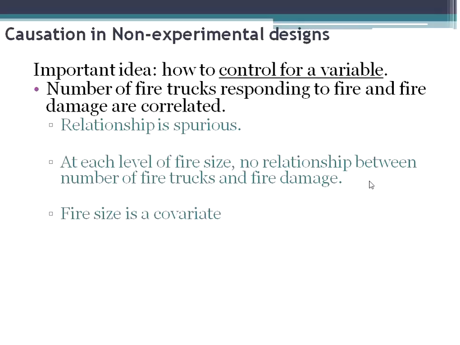The size of the fire is our third variable. It causes the damage to the structure and also causes more fire trucks to show up, right? Because you need more fire trucks when you have a bigger fire, which also causes more damage. Fire size is what we could refer to as a covariate or a control variable.